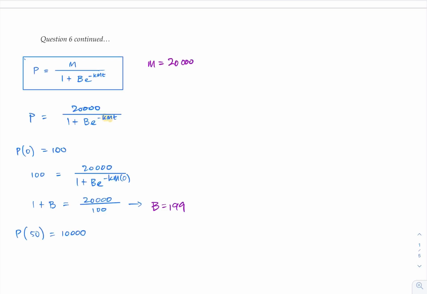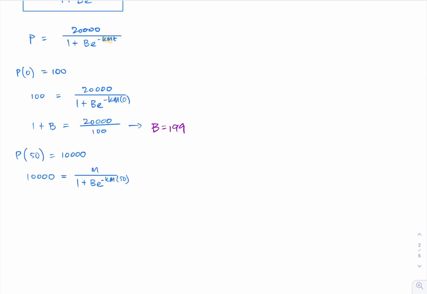So 10,000 equals M over 1 plus b e to the negative kM 50. And remember, M is 20,000 and b is 199, but I don't have to write them out.